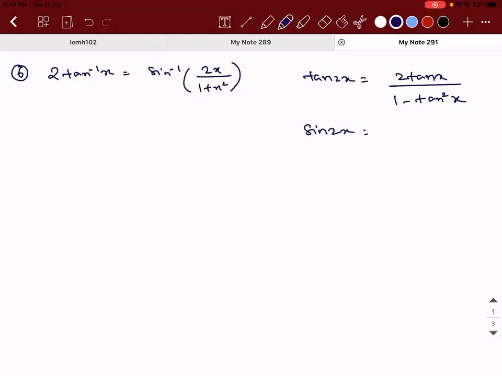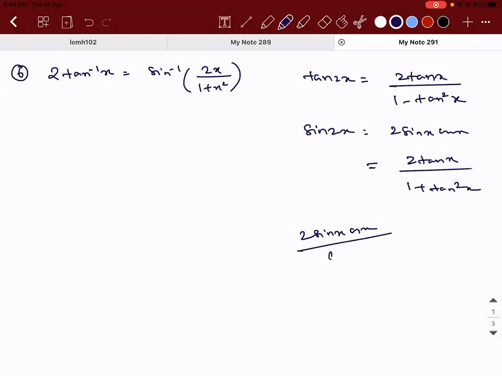What is sin 2x? 2 sin x cos x. The logic is very simple. Whenever you want to convert sin to tan, what will you do? Divide by cos and compensate it with cos.